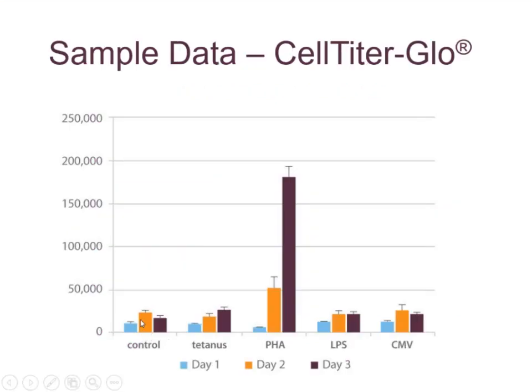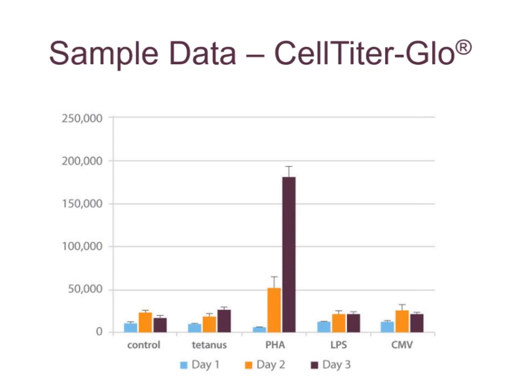So what you see in this slide is a primary immune response, and different days, 1 through 3 in this case. You can see some increase in the tetanus toxoid over control, but boy, it's tough. You definitely see the increase in luminescence with PHA because you're stimulating everything in that case.